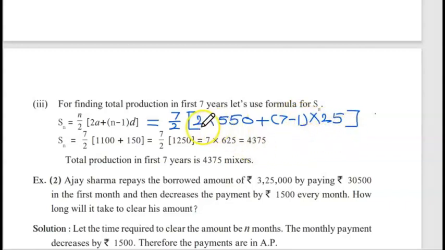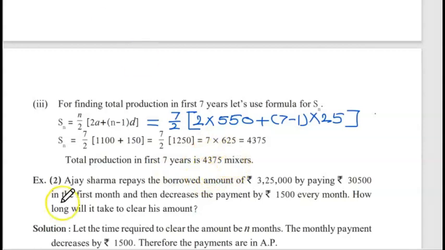If we simplify here, 2 into 550, you will get here 1100. 7 minus 1, 6 into 25, you will get here 150. 1100 plus 150, you will get here 1250 into 7 by 2. And after simplification, 1250 upon 2, you will get here 625. 625 into 7, you will get here 4375. And therefore, total production in the first 7 years is 4375.